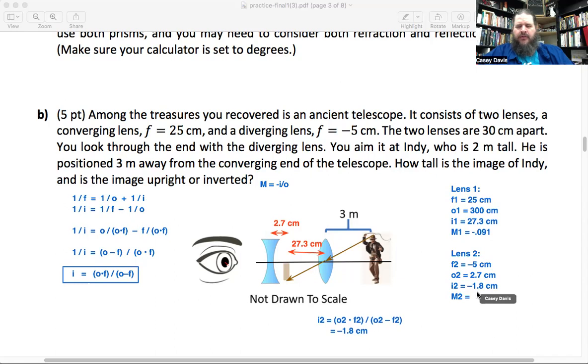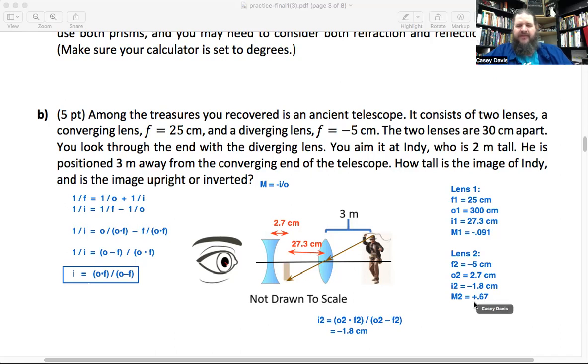What about the magnification factor 2? Negative 0.67. Is that negative? We got a negative image and also a negative formula, so it's positive. Yeah. So that means the second image is going to be 2/3 as big as its object, the first image.